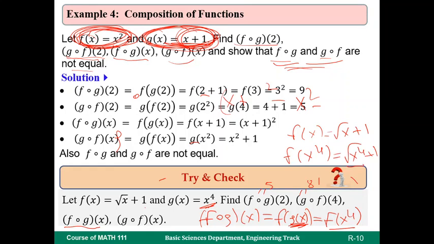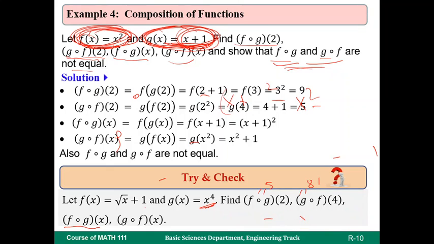This becomes the absolute value of x squared plus 1, but you can remove the absolute value, because it's x squared. So this will be equal to x squared plus 1. This here is x squared plus 1.